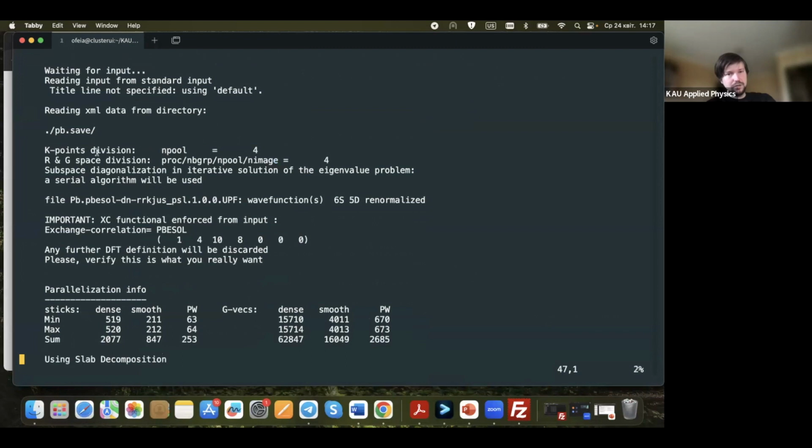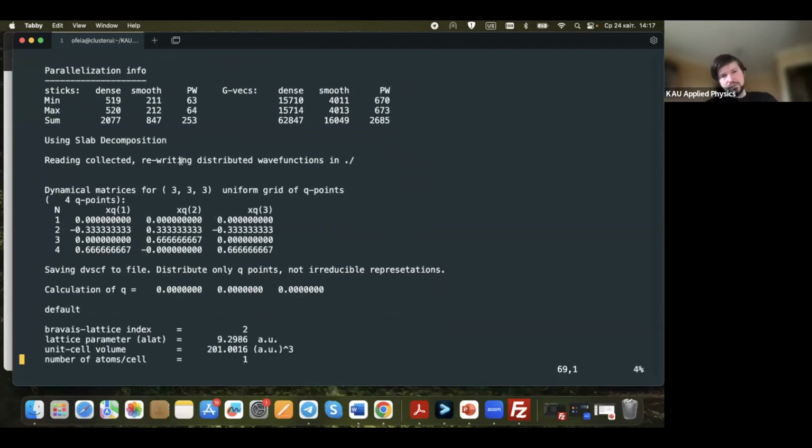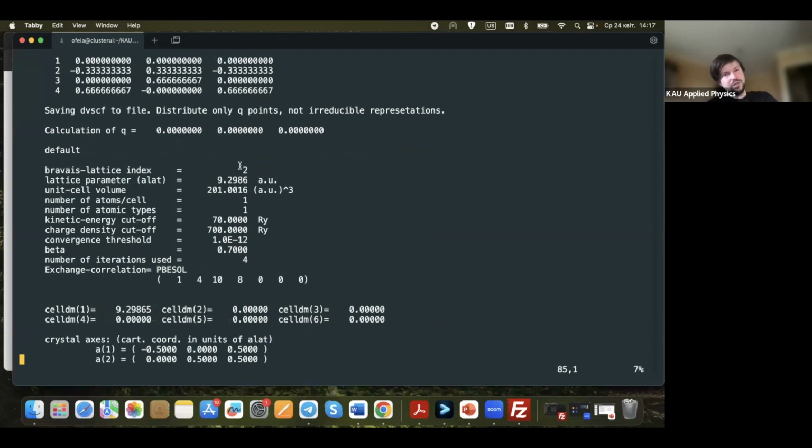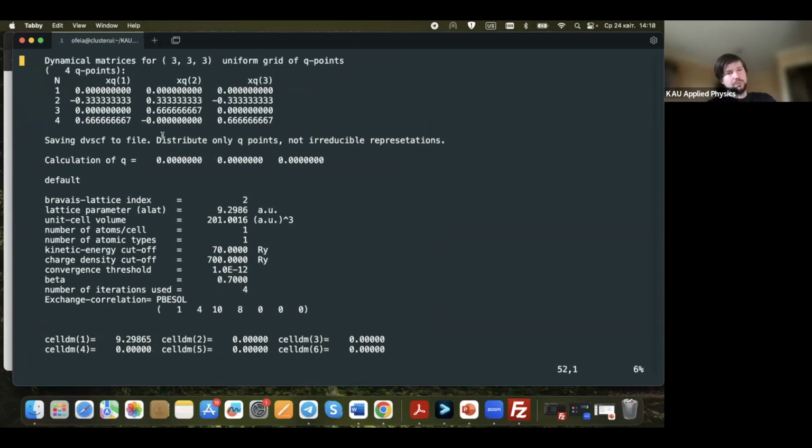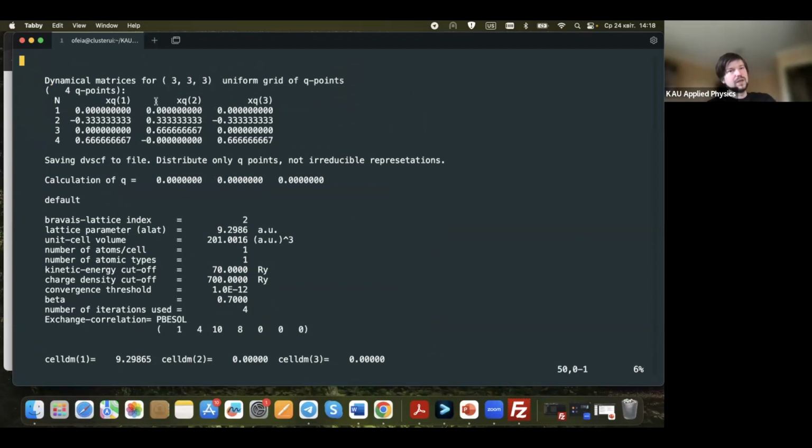Here is the same thing as it was for phonons, because we have phonon and electron-phonon calculations in one calculation. Number of irreducible Q points: for 333, we should have 27 Q points, but thanks to symmetry, it was reduced to only 4.